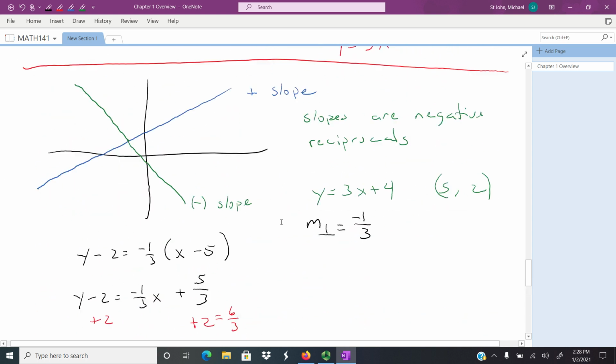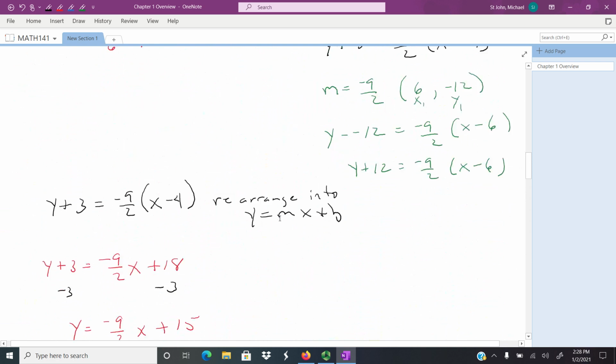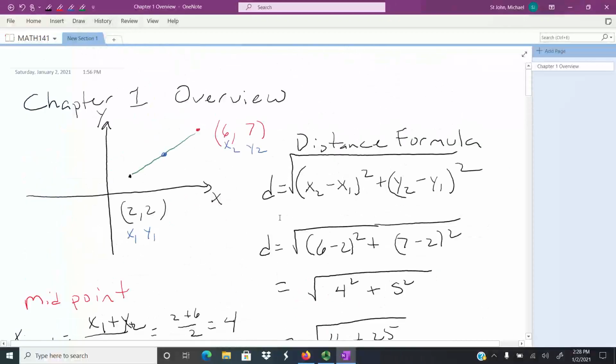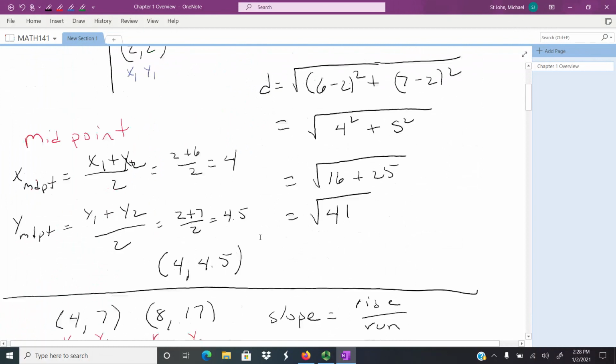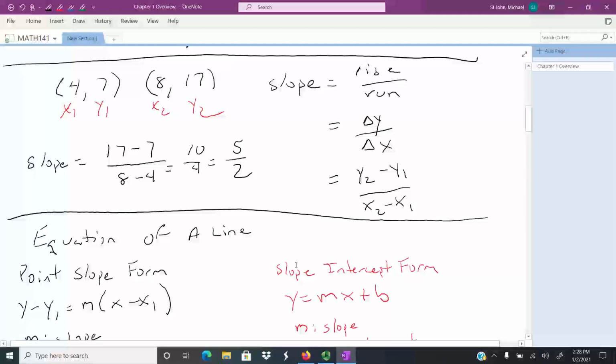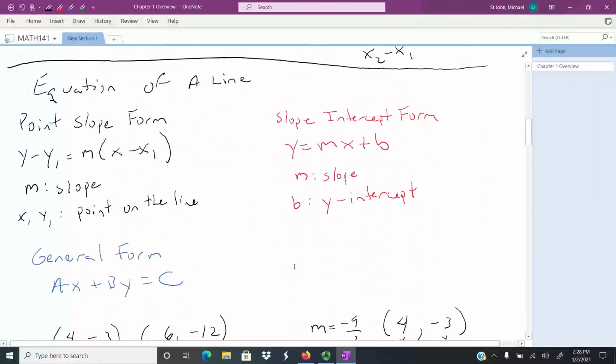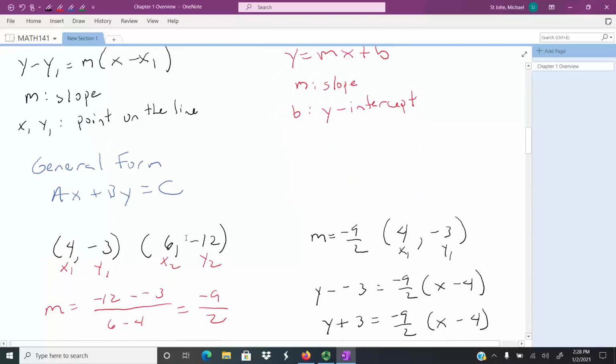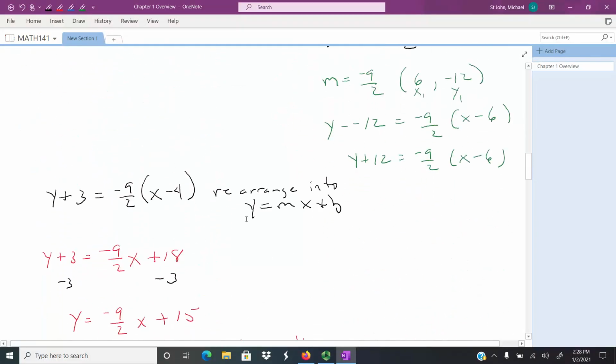But really, what we went through here today: we had the distance formula, the midpoint formula, the formula for finding the slope. General ways of writing an equation of a line: point-slope, slope-intercept, general form, and being able to come up with those.